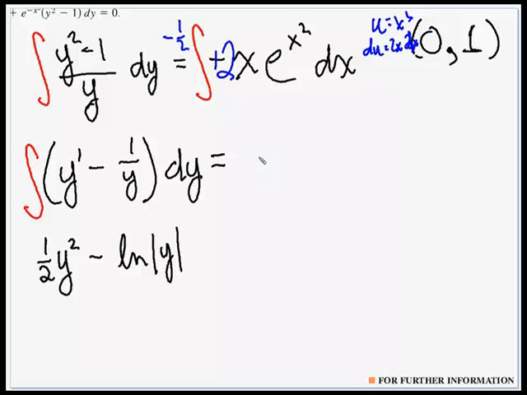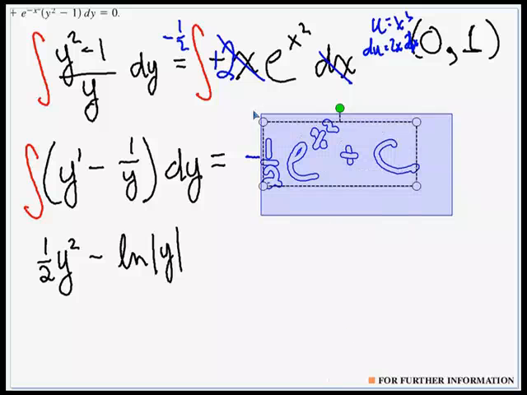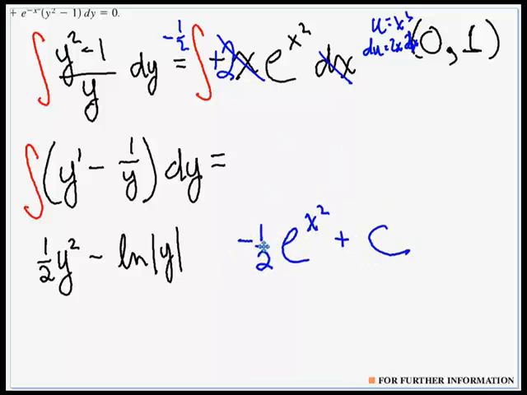So we are going to have a negative half here. And then when we integrate e to the u du, the du goes away, and we just have e to the u, or e to the x squared power. And we don't want to forget our constant plus c. So there is our antiderivative of the right side.